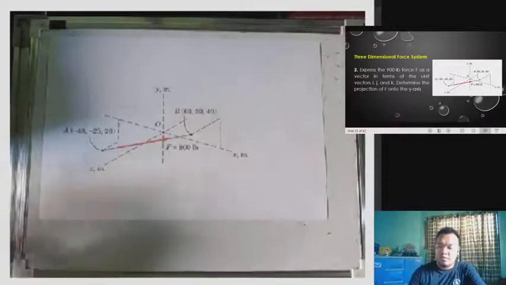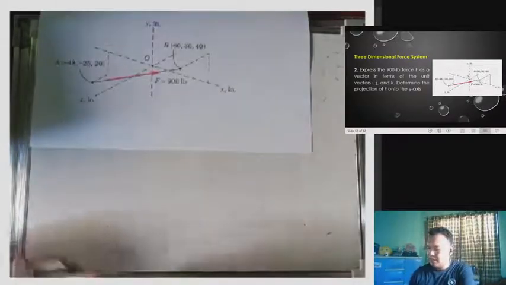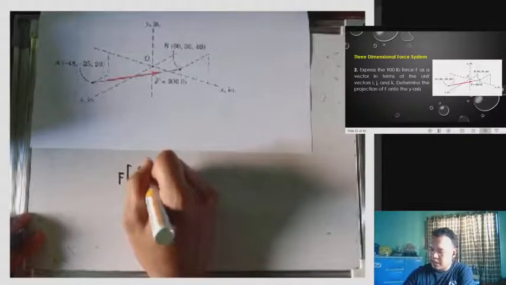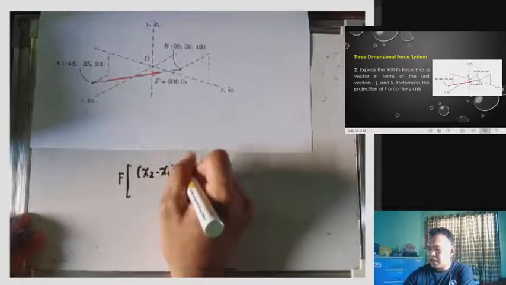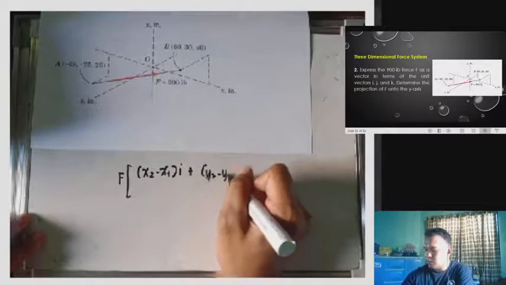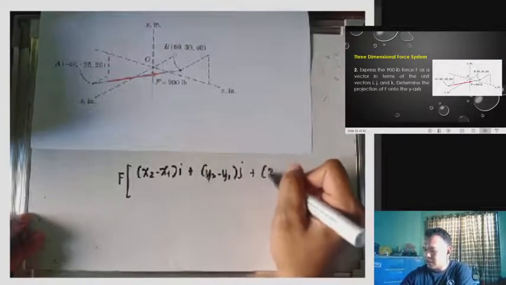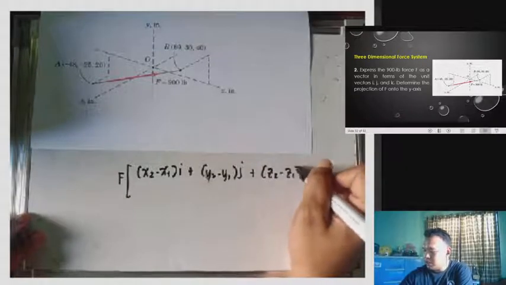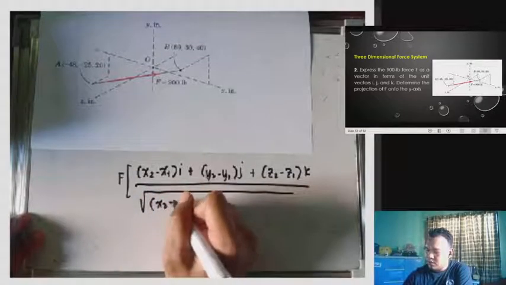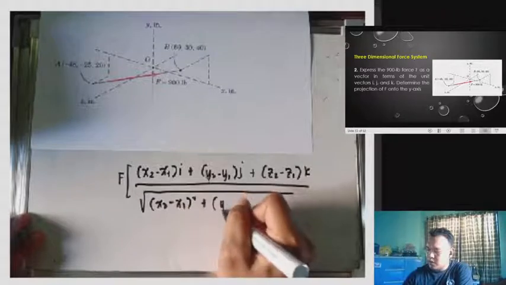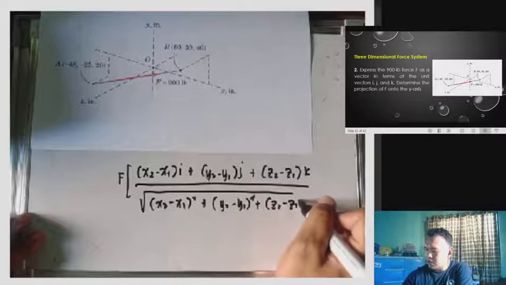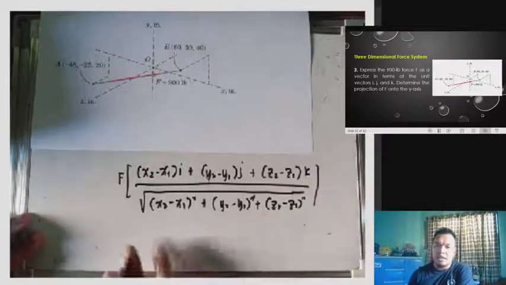Okay, so we have a formula from earlier: F multiplied by x sub 2 minus x sub 1 i plus y sub 2 minus y sub 1 j plus z sub 2 minus z sub 1 k all over the square root of x sub 2 minus x sub 1 squared plus y sub 2 minus y sub 1 squared plus z sub 2 minus z sub 1 squared. Do you remember this from earlier?